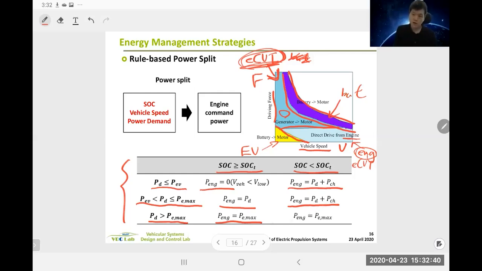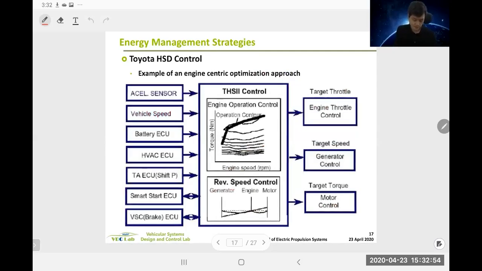And the motor and battery will have to help, right, to meet the power demand. So this is no matter what, either case. And this is what the Toyota hybrid controller looks like.